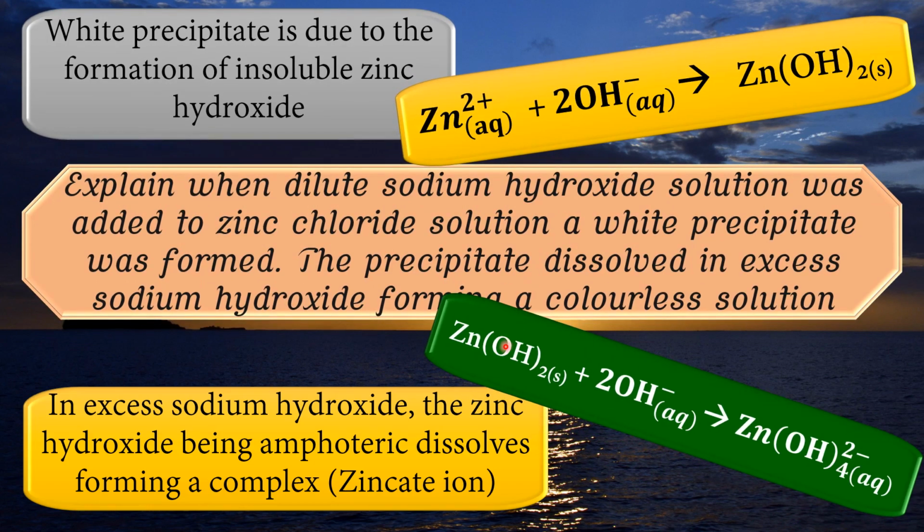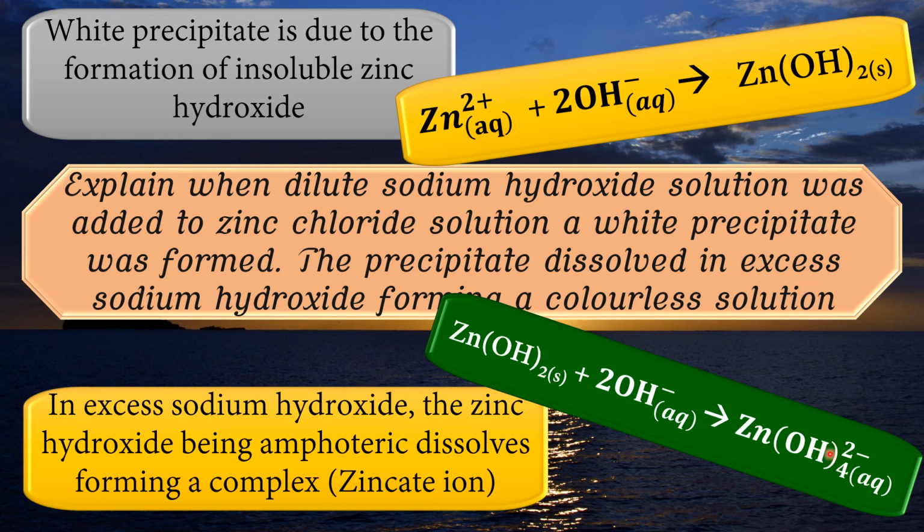If you look at our precipitate, we say that the precipitate is zinc hydroxide, which is solid. It is our white precipitate. This precipitate is the one that dissolves in excess hydroxide. So the precipitate, zinc hydroxide, in excess sodium hydroxide forms a colorless solution.